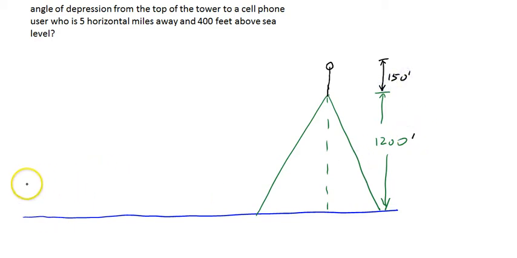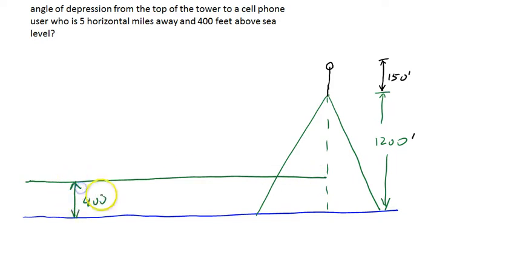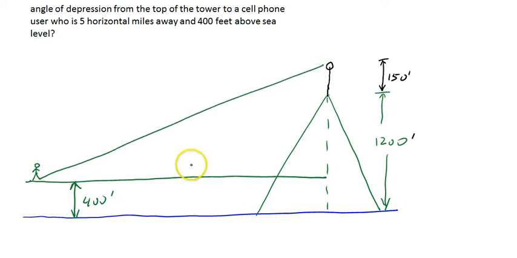And then 400 feet above sea level is the observer. So this is 400 feet. And this person here is looking at the top of the cell phone tower, and he is 5 miles away.